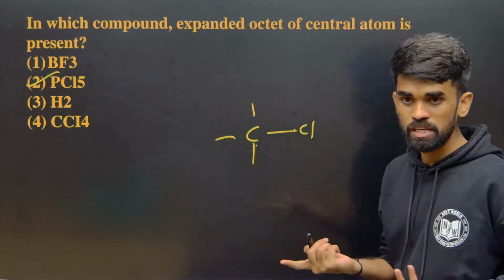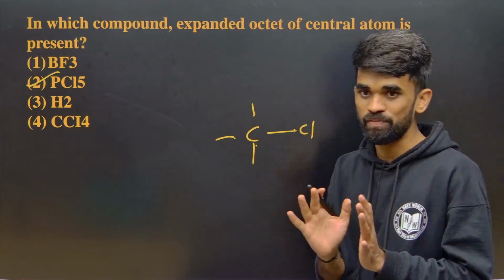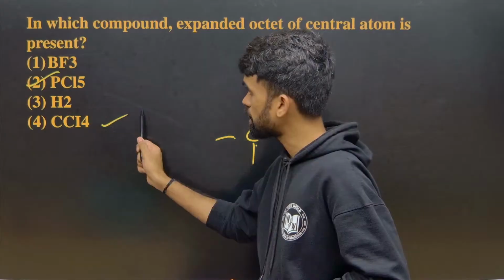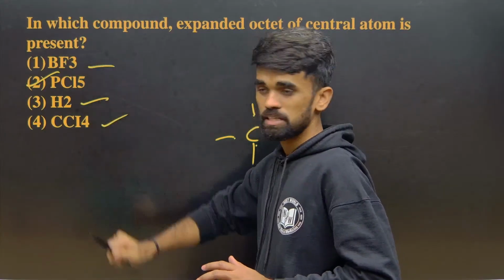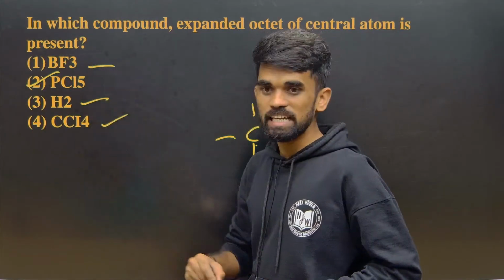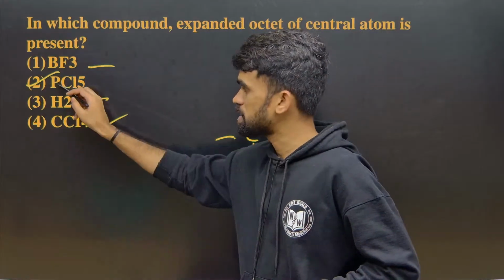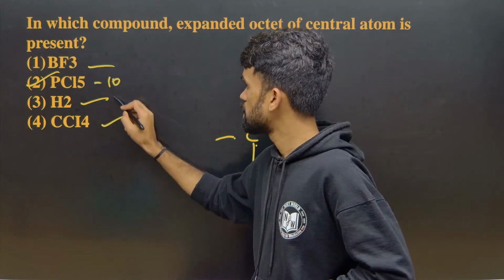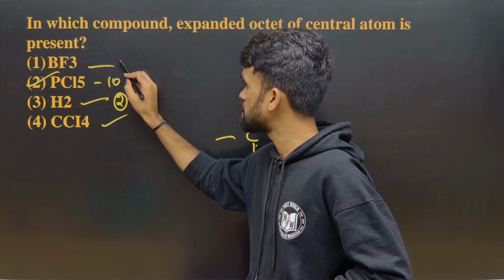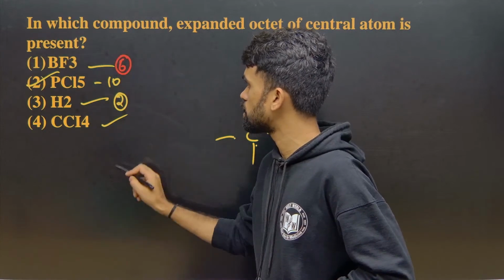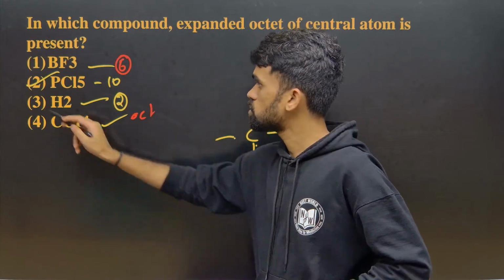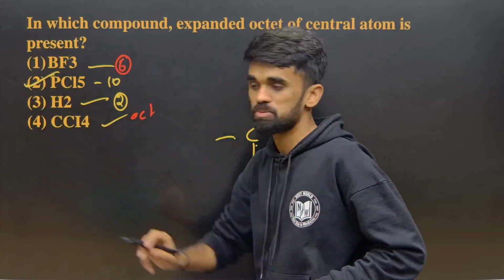Right now it is not expanded, it is a perfect octet. This is a duplet, this is an incomplete octet, and this is an expanded octet with 10 electrons. This one has 2 electrons, you should say duplet. This has 6 electrons, incomplete octet. This is an octet. So our option will be expanded, which means option 2.